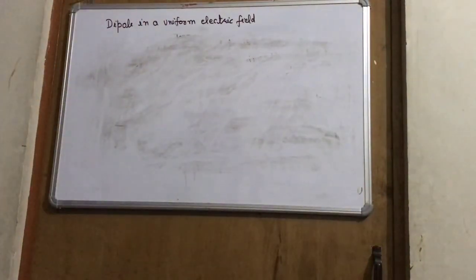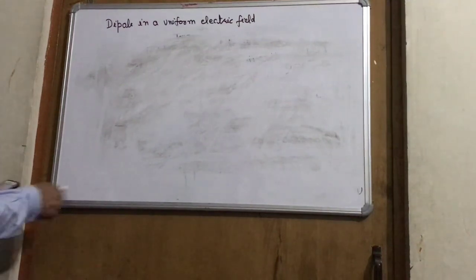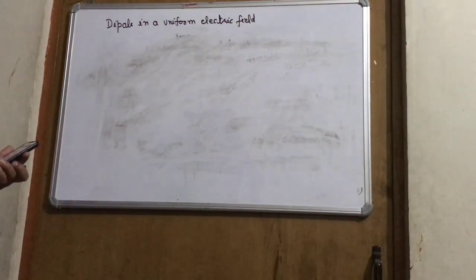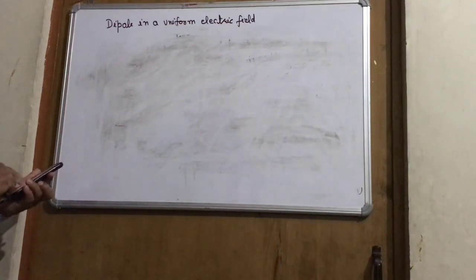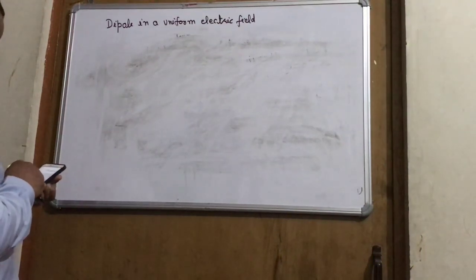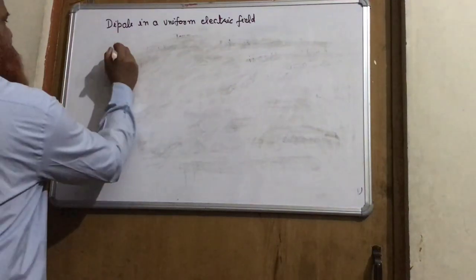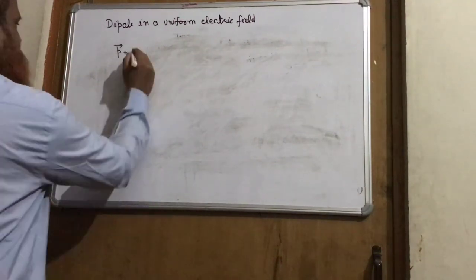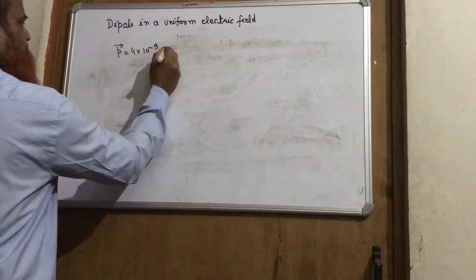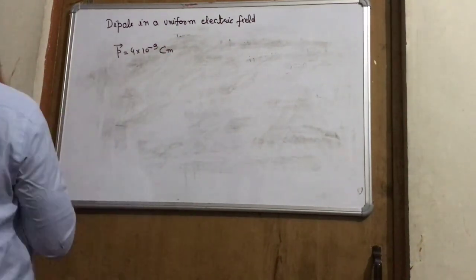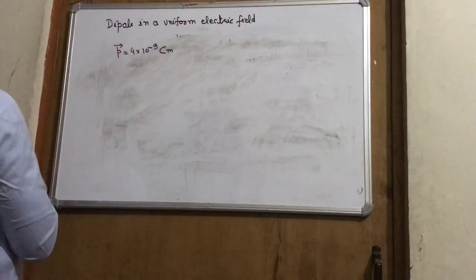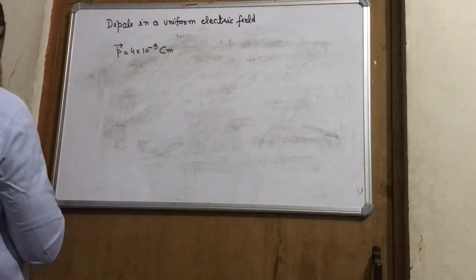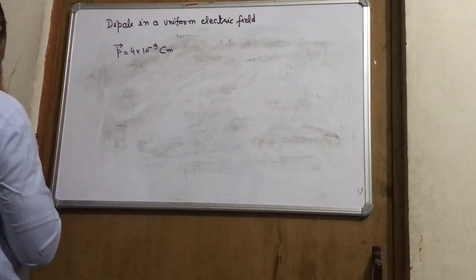Now we will perform some numericals based on dipole moment. Question number 10 in your textbook: an electric dipole with dipole moment, denoted by P, equal to 4 into 10 to the power minus 9 coulomb meter, is aligned at 30 degree with the direction of a uniform electric field of magnitude 5 into 10 to the power 4 Newton per coulomb.